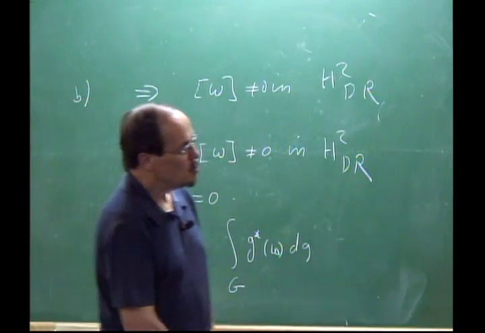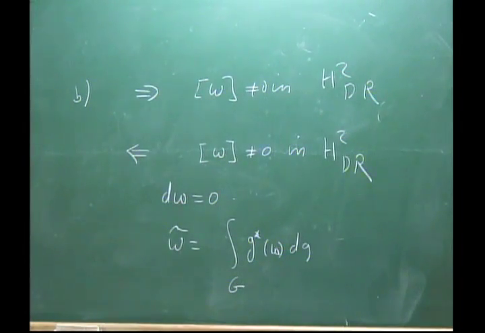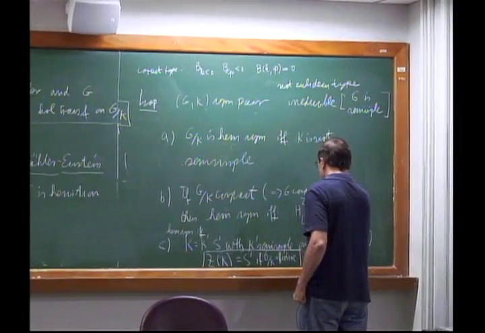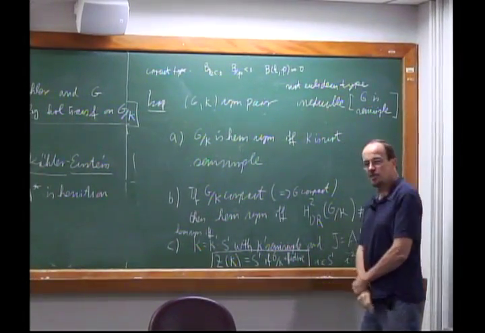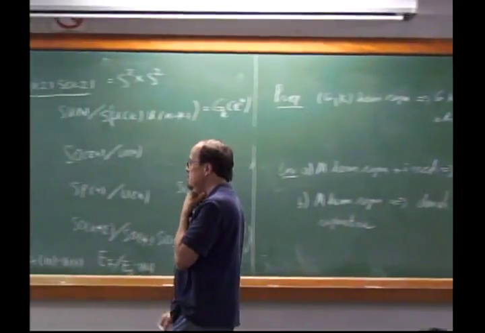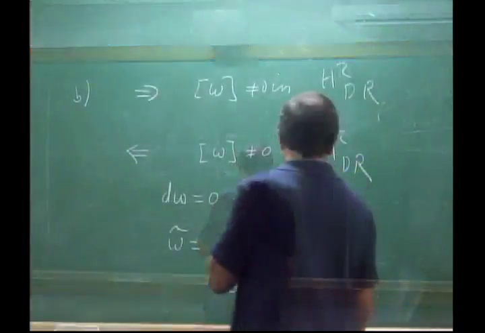So here I'm assuming M is compact, right? So G is compact. So this part of the conclusion is that G is compact. So I can average over G because my Lie group is compact. Right. So now I claim the following.